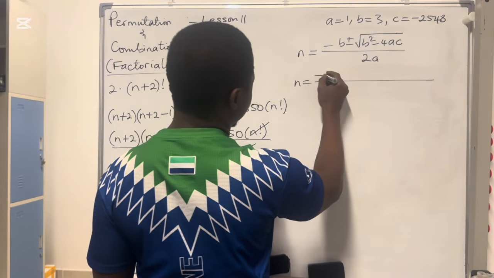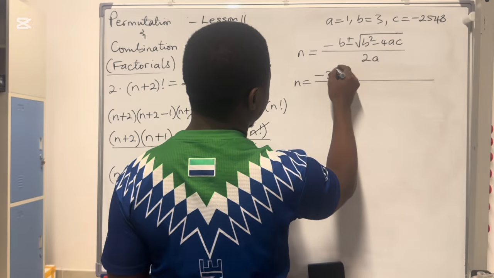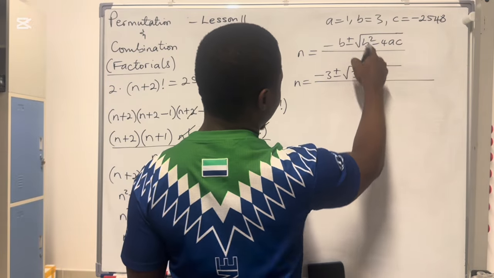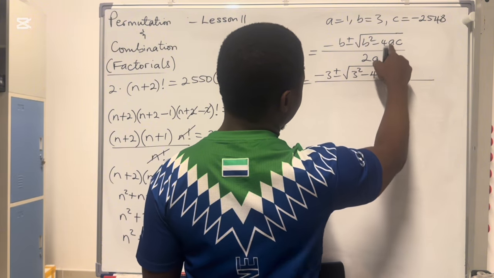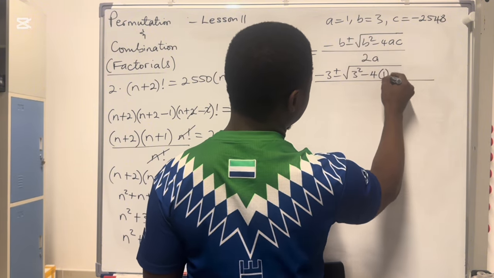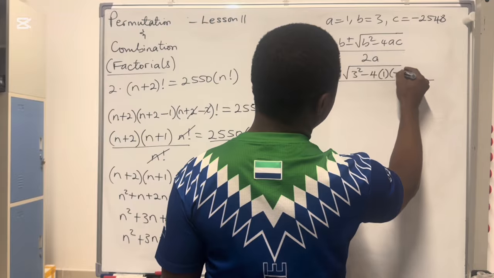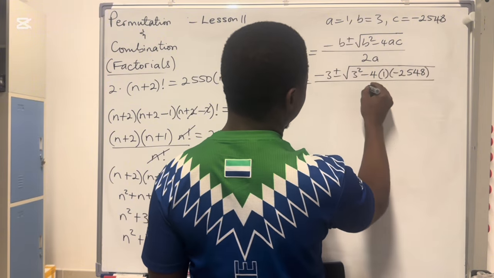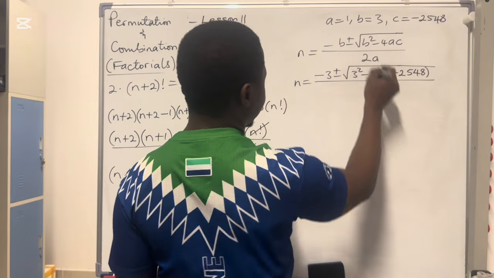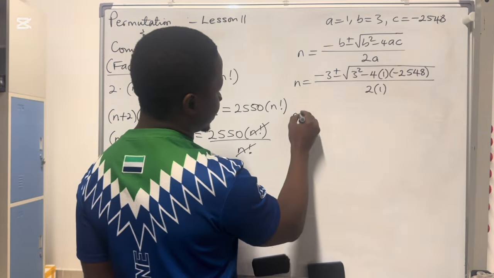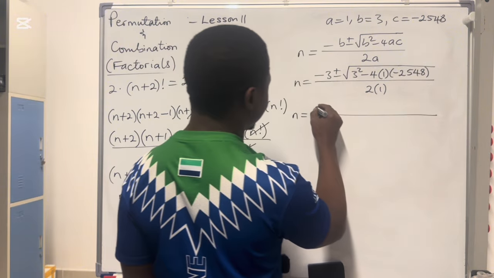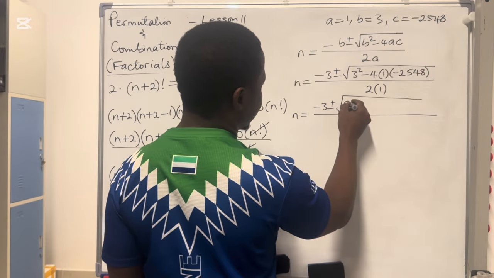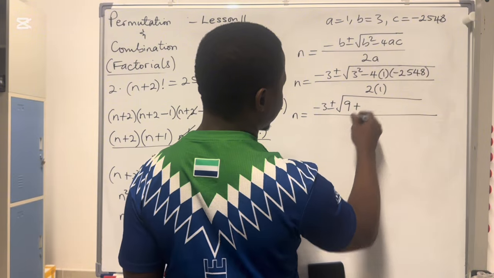So minus b, what is b? B is 3, plus or minus the root of b squared, what is b again? B is 3 squared minus 4 times A, what is A? Is 1. C, what is C? Minus 2548, over 2A. What is A again? A is 1. So we have minus 3 plus or minus the root of 3 squared is 9, minus times minus is plus.